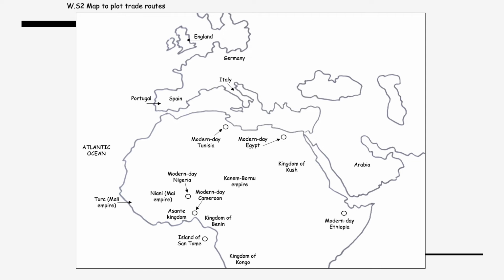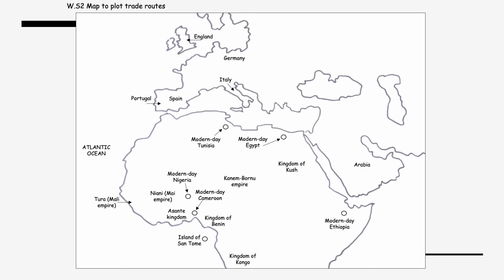is, for each clue, they need to plot the route of trade on this map. So all they do is they draw an arrow where the object, person or idea came from, and they draw an arrow where it ended up, and they could then draw their arrows in the 4 different colours that they use to colour code the statements in the boxes on the previous slide.